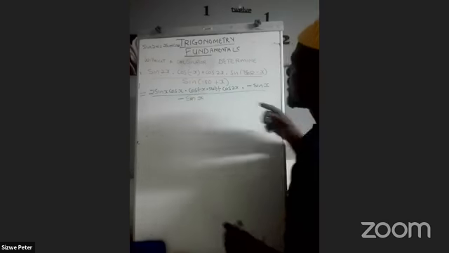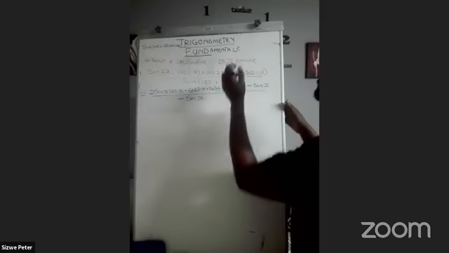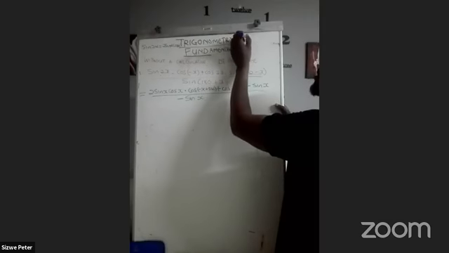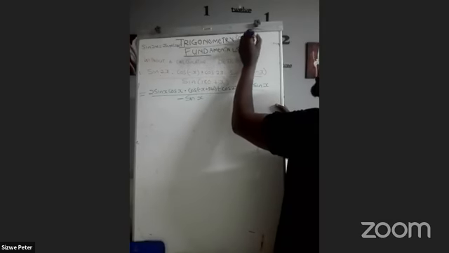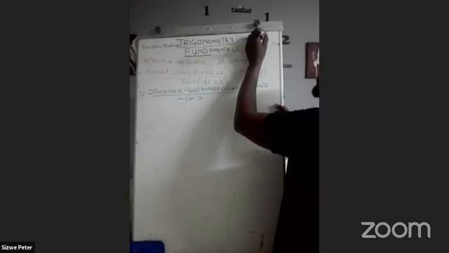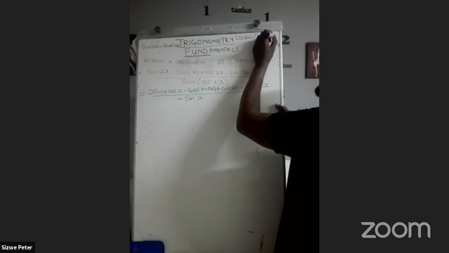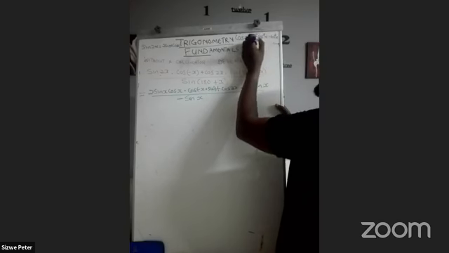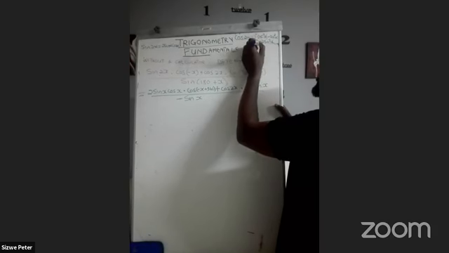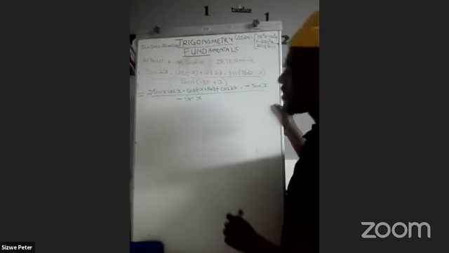The challenge with this one: cos 2 alpha is cos squared alpha minus sine squared alpha, or 1 minus 2 sine squared alpha, or 2 cos squared alpha minus 1. So I have three and I don't know which one.